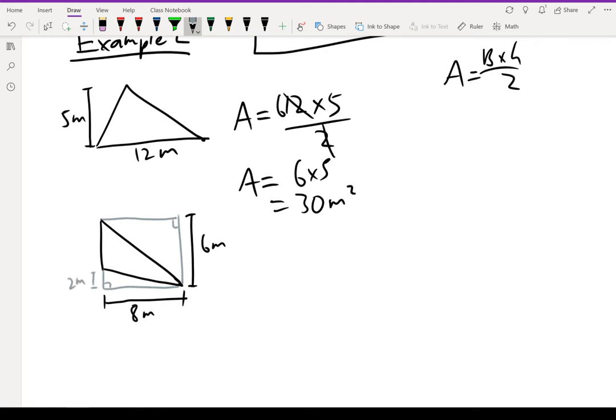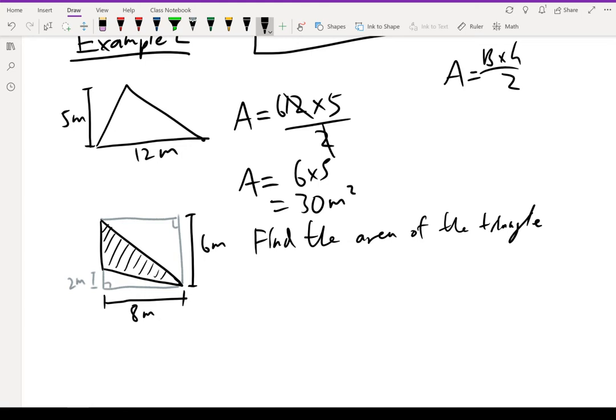Okay, and so we want to find the area of the triangle, this one over here. And so we have to find the base, and then we also have to find the height. First of all, do we have a base?